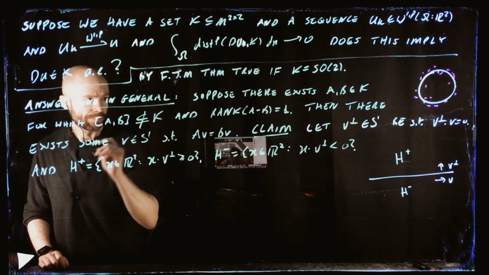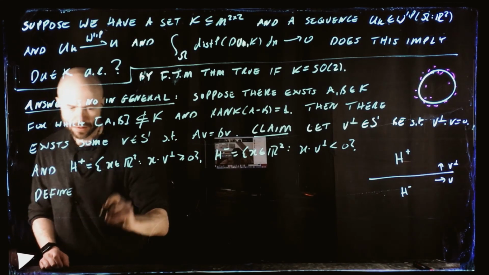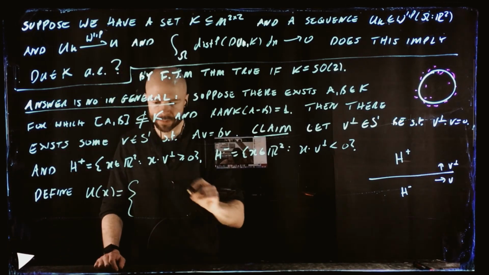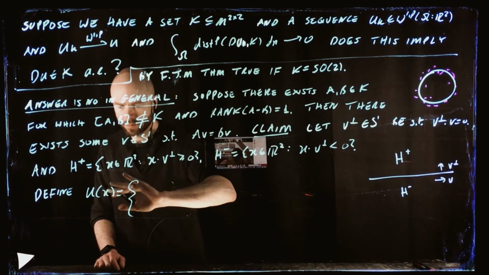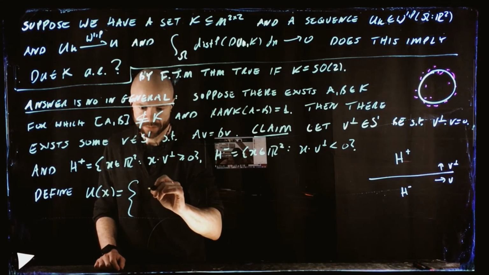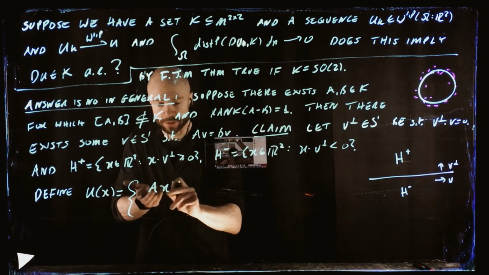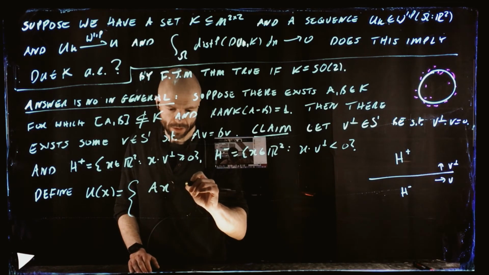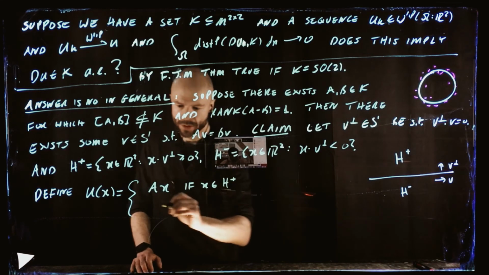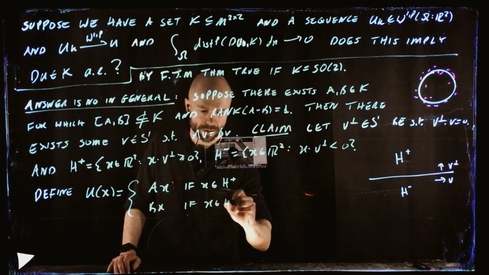And then define u of x to be equal to A of x. A is just a 2 by 2 matrix, so we just apply it to the vector x if x belongs to H plus, and B of x if x belongs to H minus.